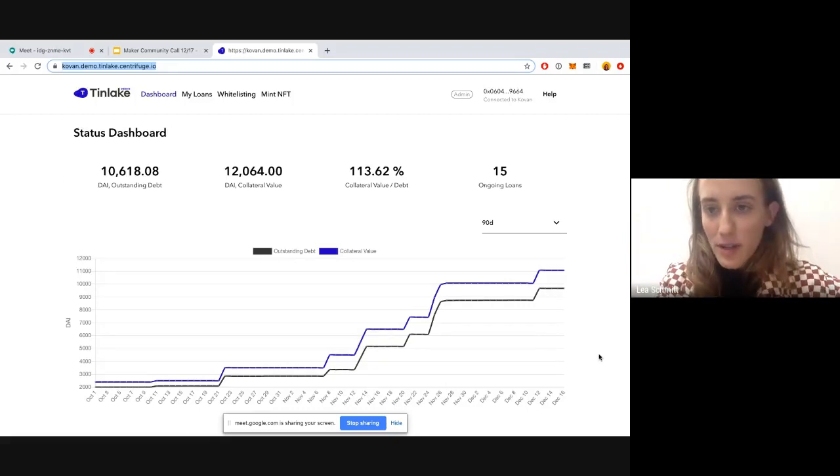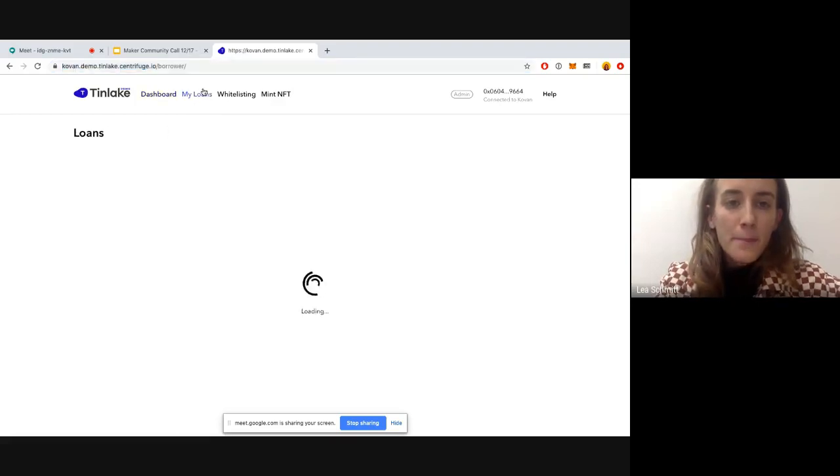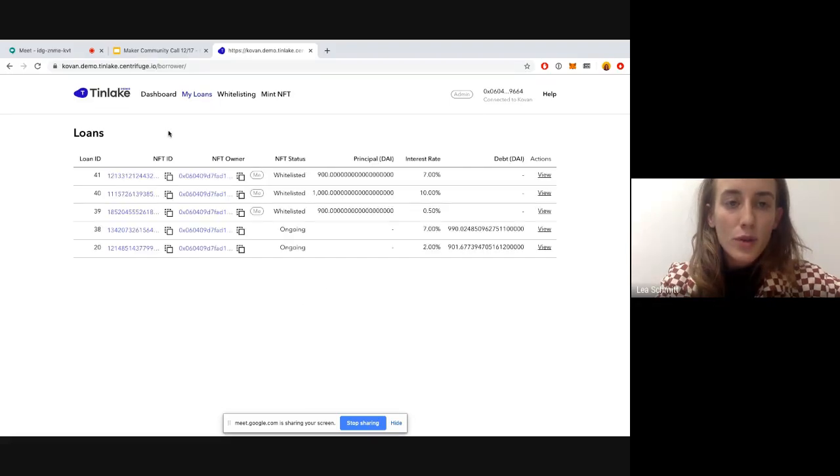You can see how many ongoing loans there are in the Tinlake pool, what the outstanding debt is, etc. But basically, what interests me as a borrower, I did that in advance. I already minted an NFT, and I submitted an NFT to Tinlake, and I can have a look at it here.